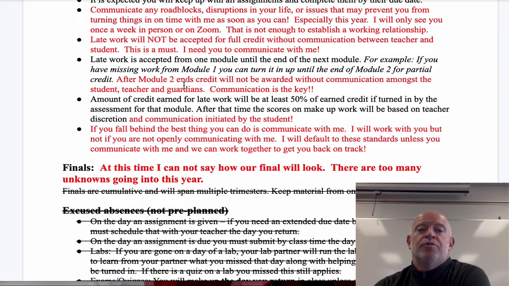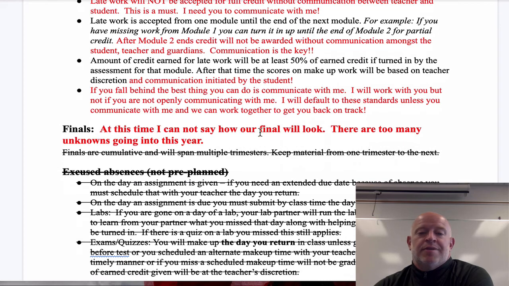If you have a class that's non-honors level, they may accept late work forever. We're not doing that in our honors level courses, at least I'm not. I'll give you at least 50% of your earned credit when you turn that in. And if it's later on, it's definitely just my discretion and communication again. And I've already talked about communication, so I'm not going to say it again.